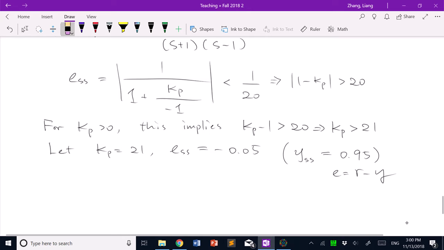So in this case, Y should be 1.05 instead of 0.95. So this is the steady state, and it's achieved by using the P component of the PD controller.